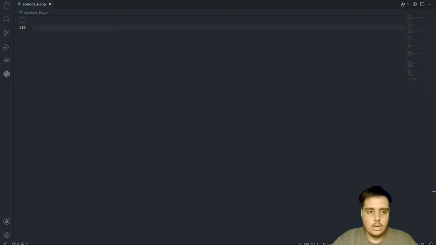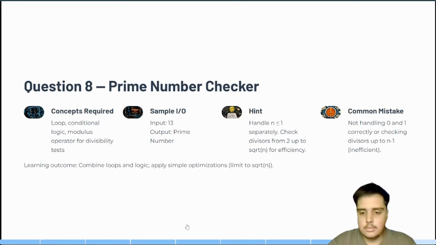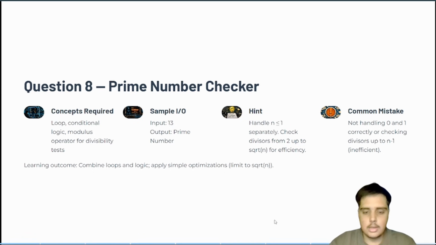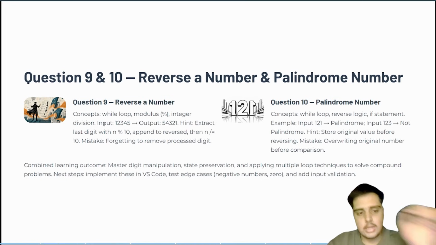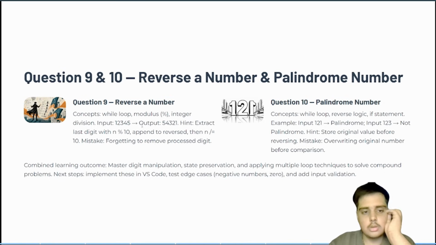So coming to our presentation, here I have included the last two questions in the same slide. So question number 9 first, we will see it: reverse a number. So the concept is while loop, modulus, integer division, input. If 1 2 3 4 5 is input, the output should be 5 4 3 2 1.